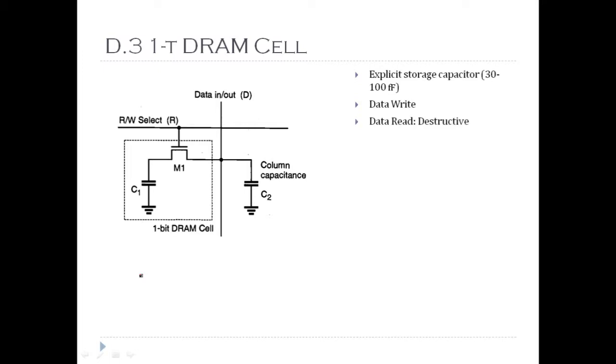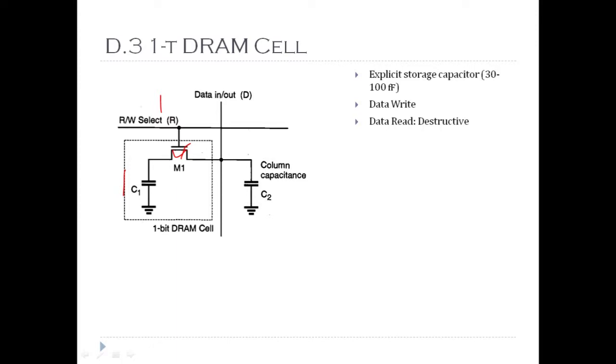But data read is not that straightforward. We'll see this data read when we see the refresh operation. In data read, row select is 1, so because this is activated, M1 is on, and suppose the cell is carrying 1.